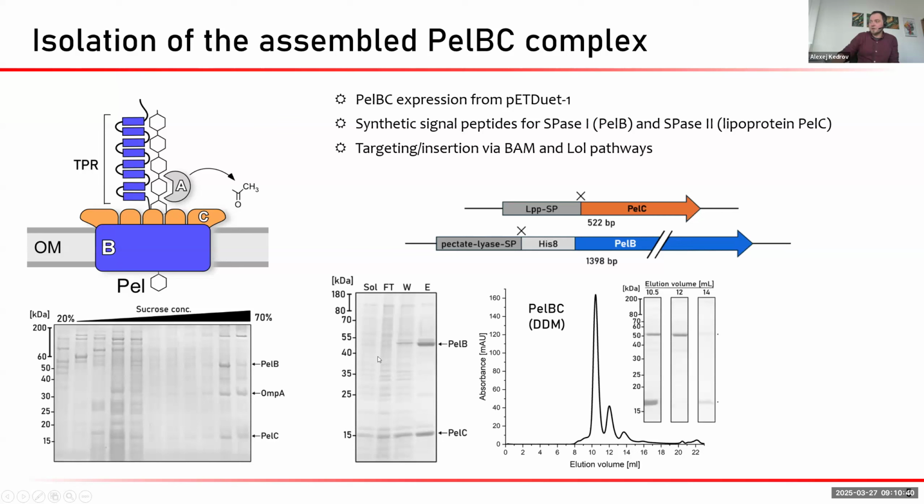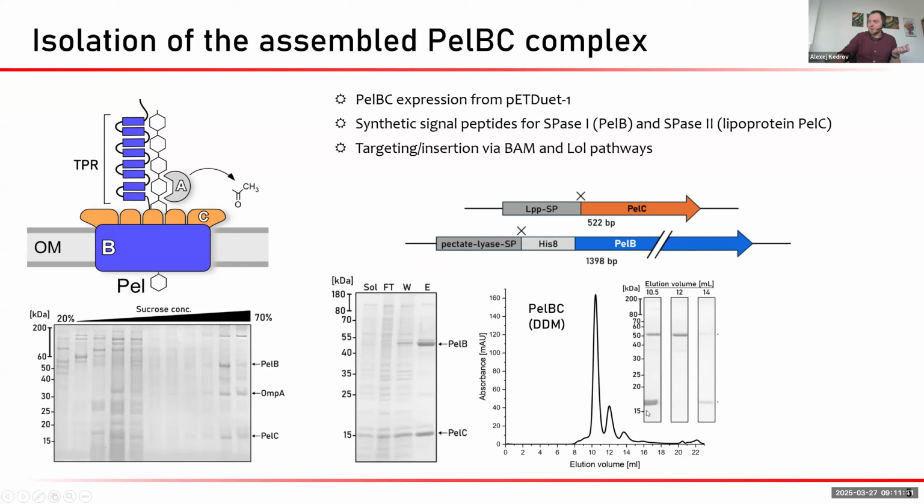We could also solubilize the whole complex, seemingly, with a classical detergent like DDM, and use the histidine tag on PelB to pull on it. And then we see that in the elution fraction, both PelB and PelC bands are visible. When injecting it on a size exclusion chromatogram, we see that indeed some big complex has been assembled, not only in peak intensity, but also in elution volume: we talk about hundreds of kilodaltons.